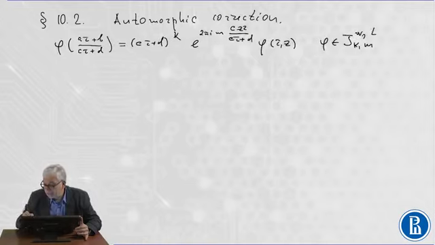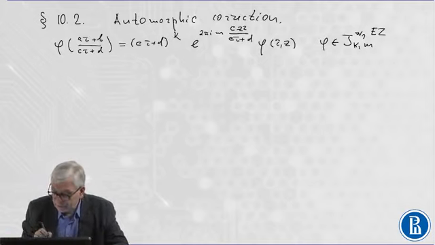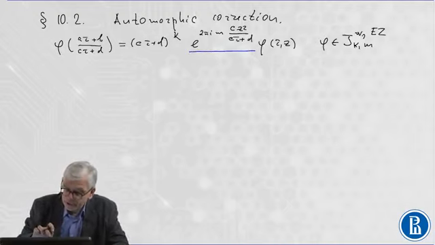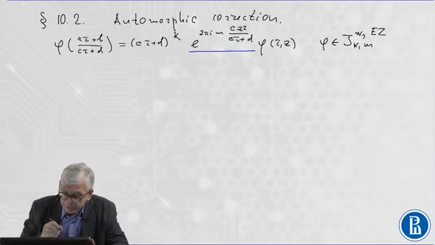We consider the case of one variable, so the case of Jacobi modular form of Eichler-Zagier. So this complicated automorphic factor, we gave one explanation. Our first explanation was the following.